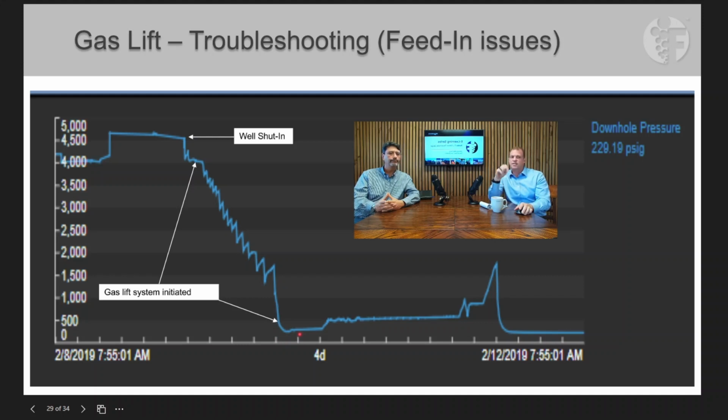In a case like this, maybe we need to do an intervention, pump an acid job or a flush to try to dislodge that plug, or possibly pull tubing and physically do a clean out to remove it. So this is really helpful information to see based off our bottom hole pressure, our vibration, and any of the data we're collecting with a gauge downhole.